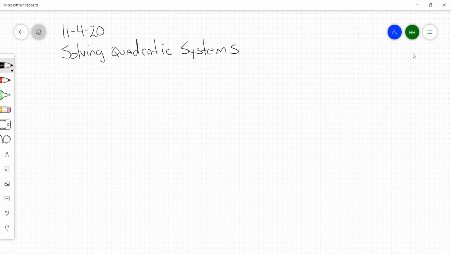Here's how the question will be asked. What is the solution of the system of equations?